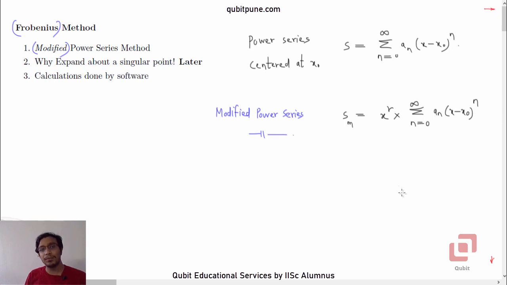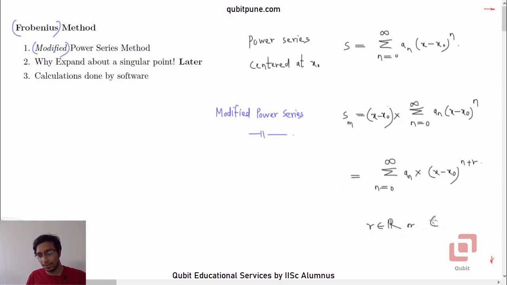And to solve problems by the Frobenius method, conventionally we write the power x to the rth power inside the summation notation, so we let it be summation as n goes from 0 to infinity of a_n multiplied by (x minus x0) to the power n plus r. I should have written x minus x0 here, sorry. So this is the modified power series, and r can be any real number or even a complex number.